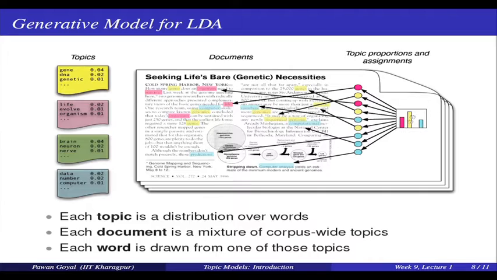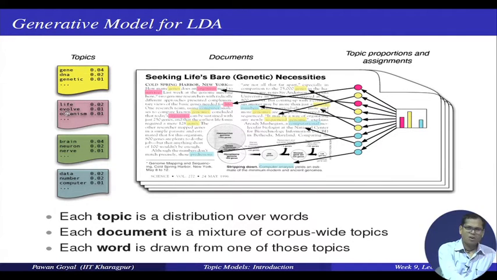Now, how do I generate the words in the document? That is important. I need to generate the words. So how are the words generated? That is again interesting. You think of it as a multinomial distribution, and from this distribution you sample a topic. Okay. Suppose the first sample is that pink topic, which is about organism, life, evolve, and so on.